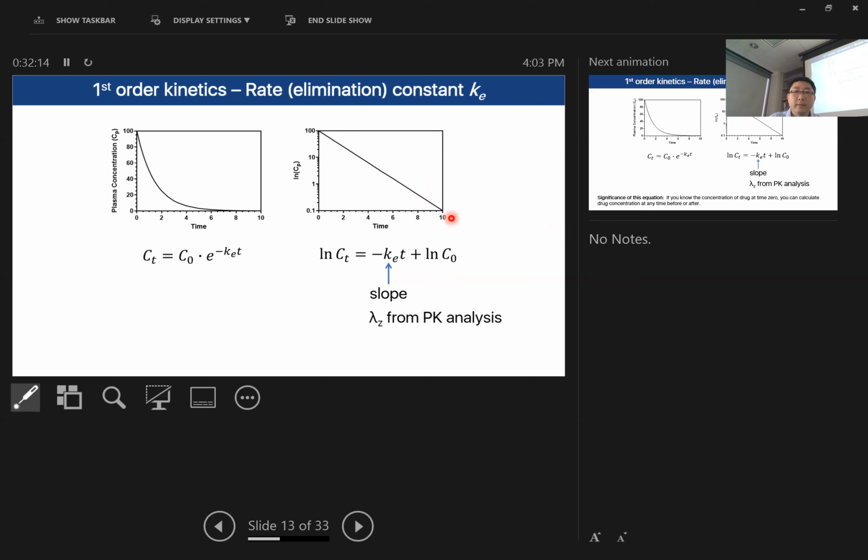If you look at this equation, the slope should be a negative number, because it's going this way. But if you can measure the slope, then you will know the KE. That's the elimination rate constant. That's actually how we calculate this. And in the PK analysis, I don't know why they call this lambda z, but that's just whatever they call it. Lambda z essentially is the elimination rate constant.